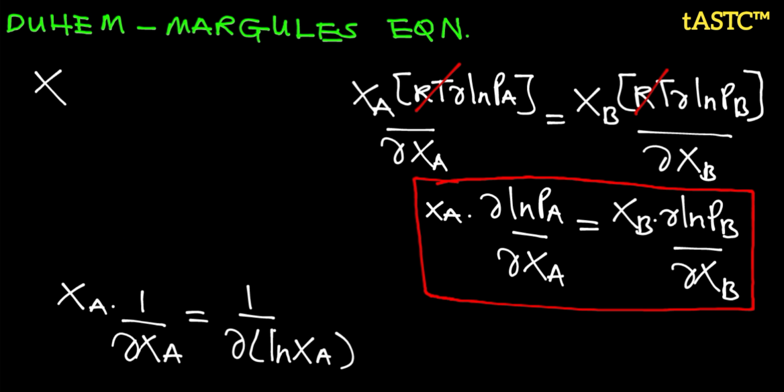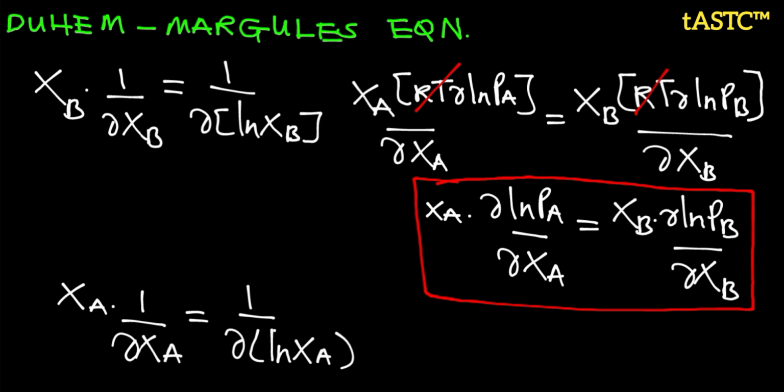If I wanted to do that for the second one, the answer should be this way. I should have an x sub b multiplied by 1 divided by dx sub b, and this will be equal to 1 divided by d ln x sub b. That is what I'm going to have. So we already have those forms here: this is for the first component, and this is for the second.